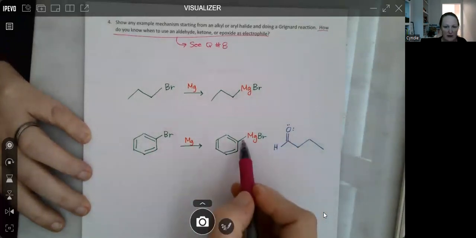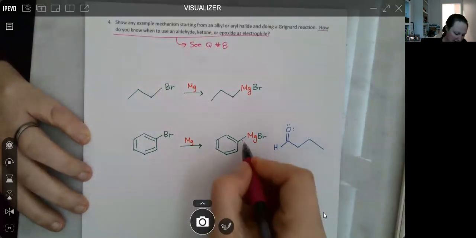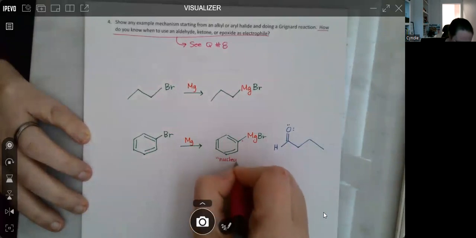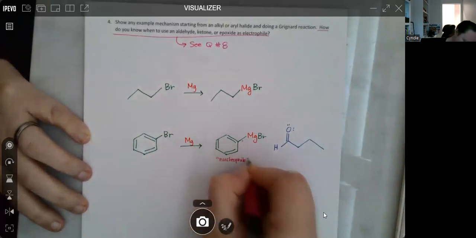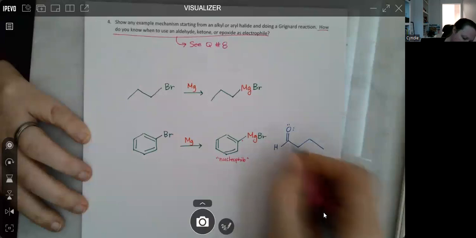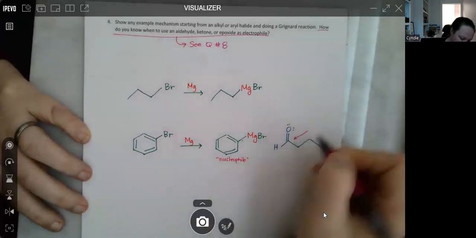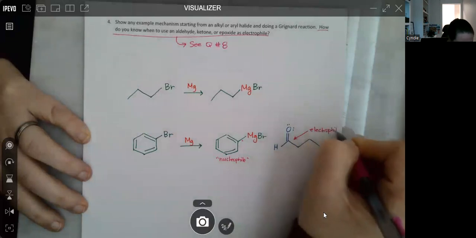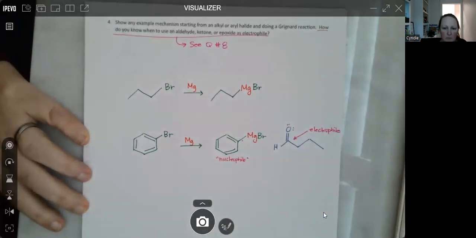These electrons are spending most of their time around this carbon, and this is the nucleophile. And this carbon over here is the electrophile, or the electrophilic center.